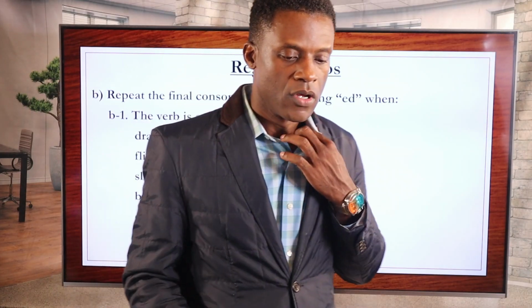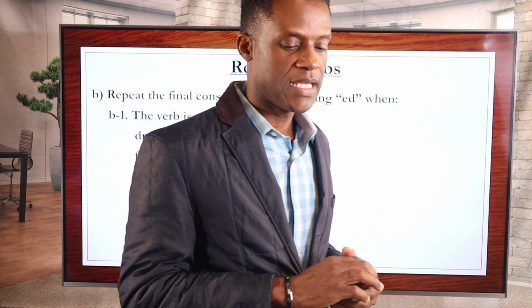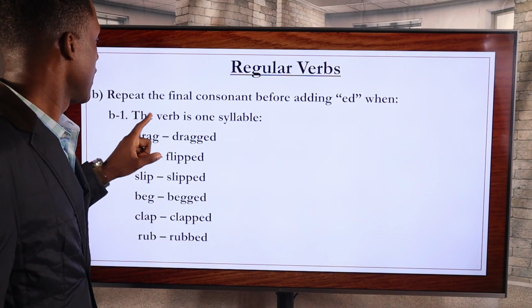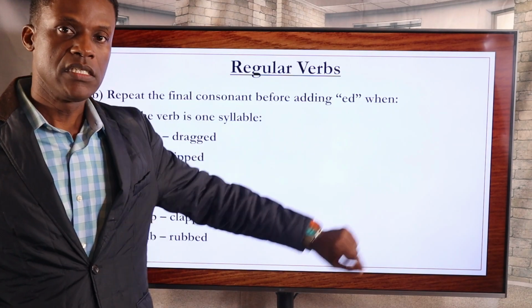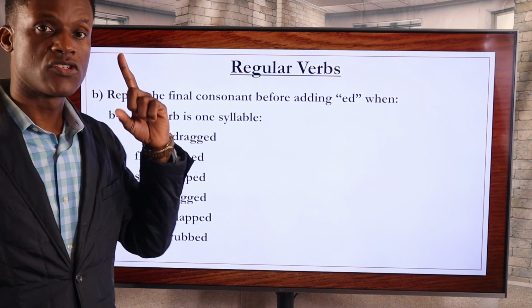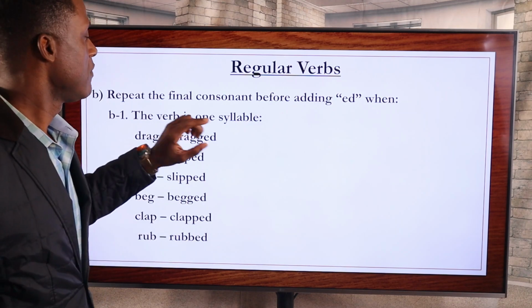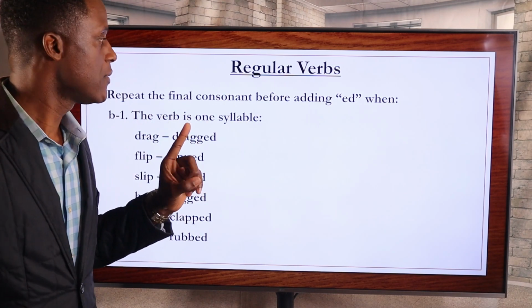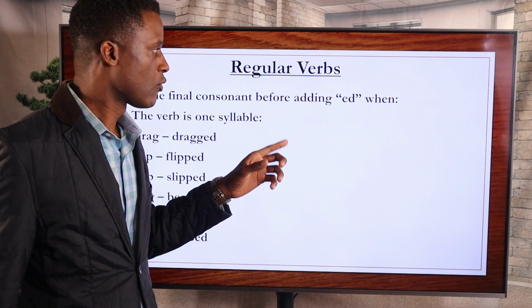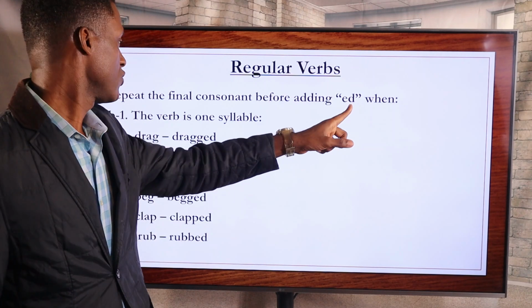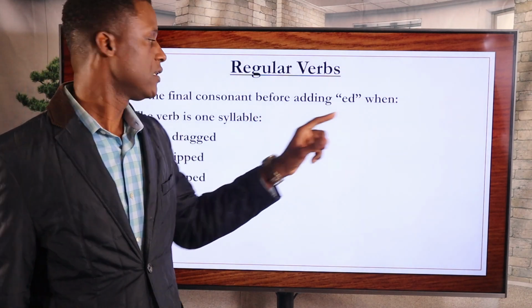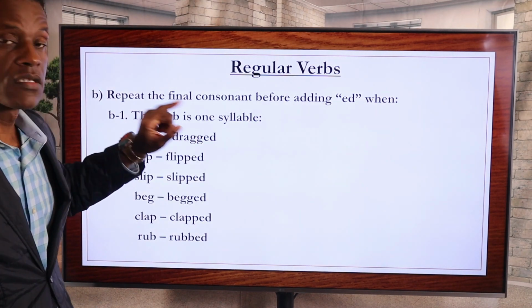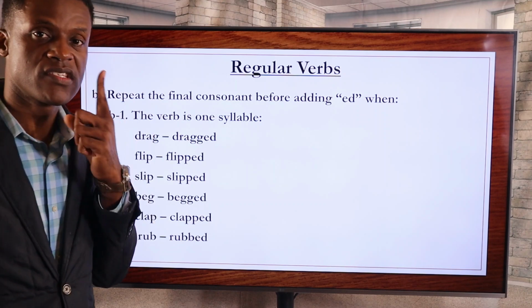Perfect. Now, the second thing: you repeat the final consonant before adding ed when the verb is one syllable.